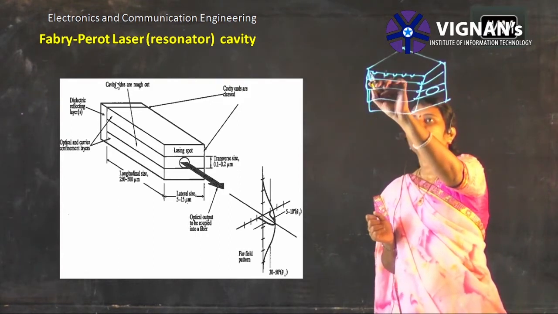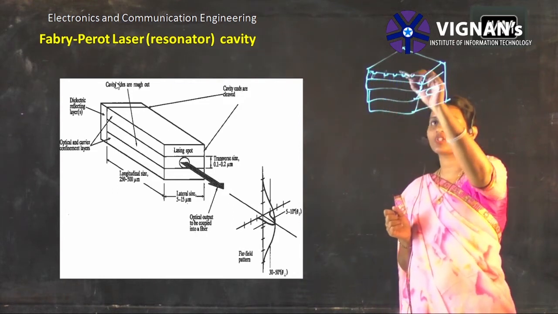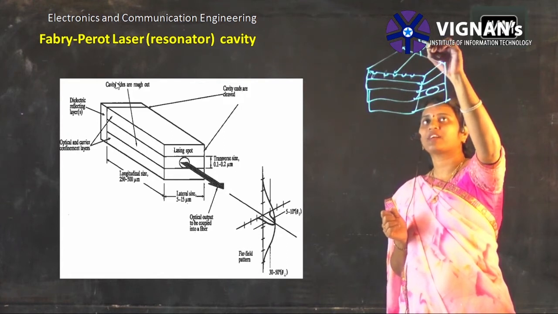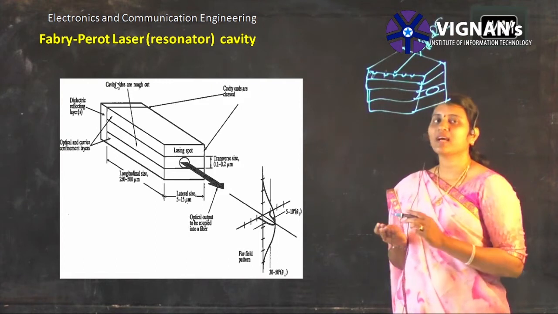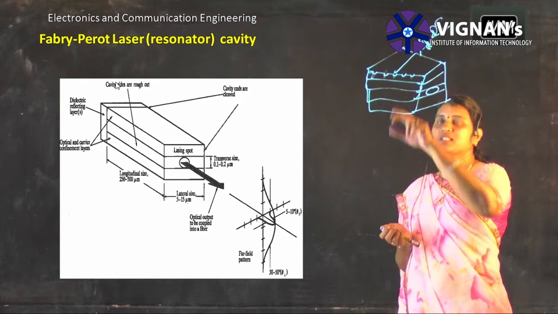Here this layer has some curve-like structures. These curve-like structures represent different refractive indexes.